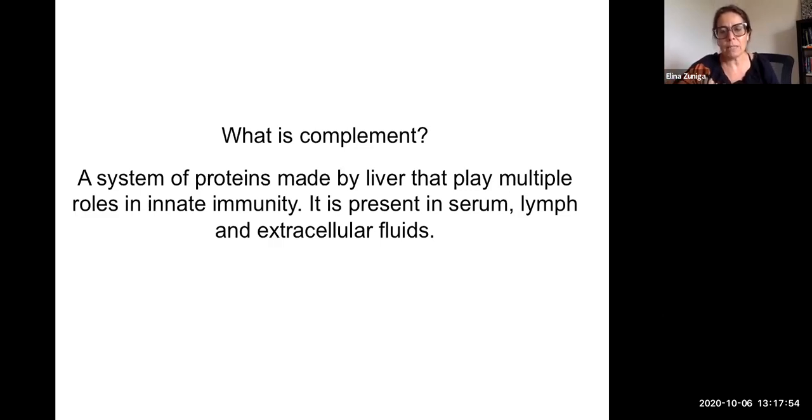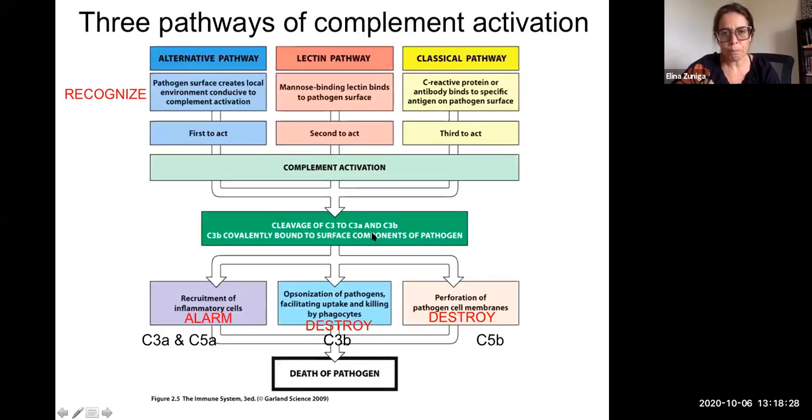That means that when a pathogen reaches the blood, the serum complement proteins can recognize the pathogen. But if it doesn't reach the blood, if it reaches only the tissue, for example, the mucosa underlying the epithelium in all these different surfaces that we mentioned in previous slides, like the skin or the gastrointestinal tract, then there is complement there as well in the extracellular fluid that can recognize the invading pathogen.